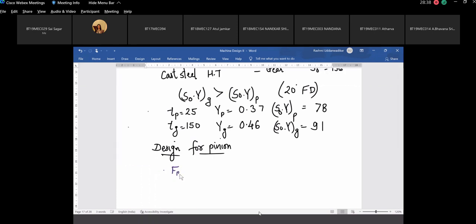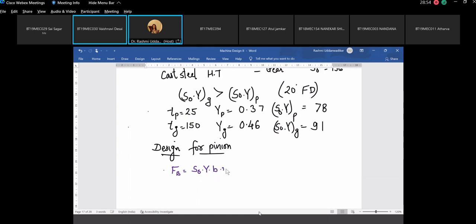Beam strength. Vaishnavi? Ma'am, S0 Y B M C_V. B into M. And when do we use C_V, or why do we use C_V?